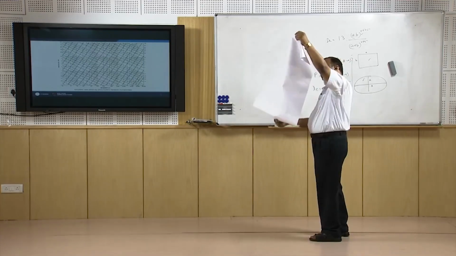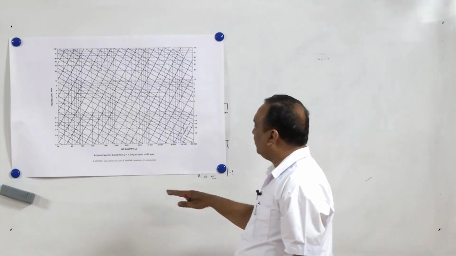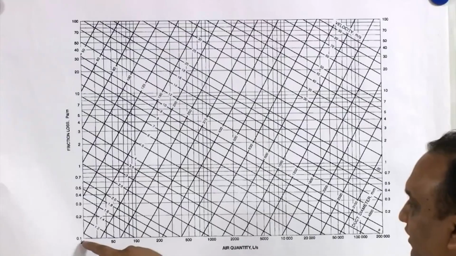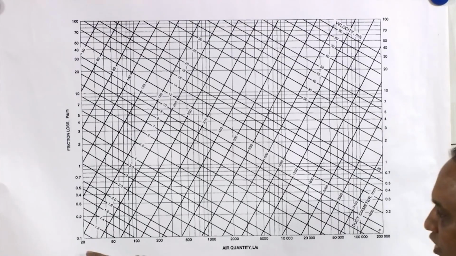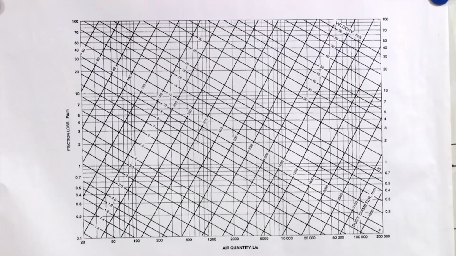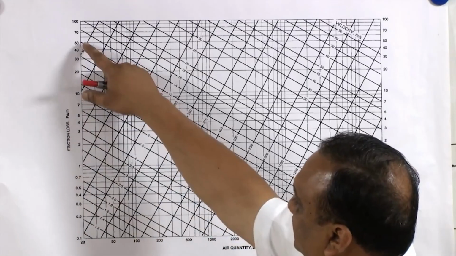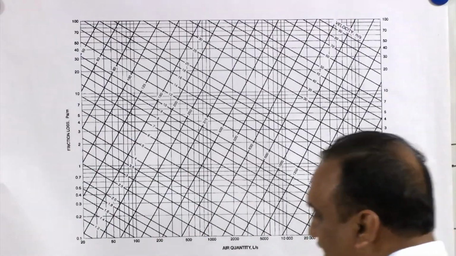a friction chart for a round duct. This is a friction chart for a round duct. On the x-axis, on a log scale, the air quantity is shown, starting from 20 liters per second to 2 lakh liter per second. It is on a log scale. On a vertical axis or y-axis or ordinate, friction losses in Pascal per meter.